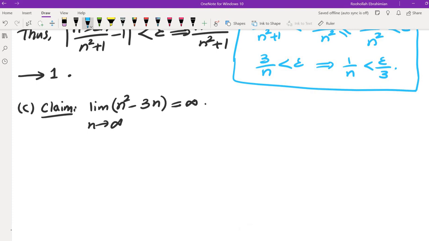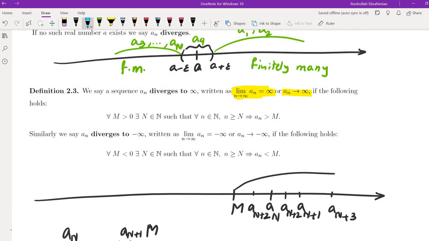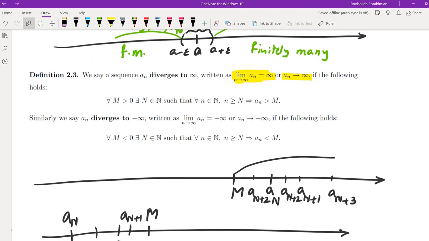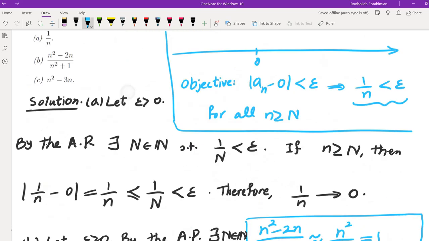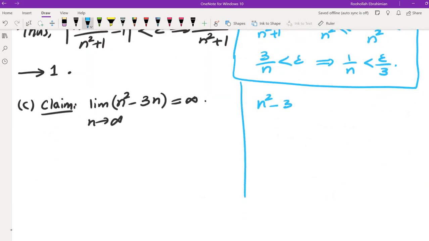So what we want to do is show, going back to the definition, this is the second definition. The definition that we have here, 2.3, which is a_n diverges to infinity, written as limit is equal to infinity, if whenever M is positive, there is some integer such that after that point the sequence is more than M. So the objective is n squared minus 3n to be more than M. Now the difficulty is the minus sign.